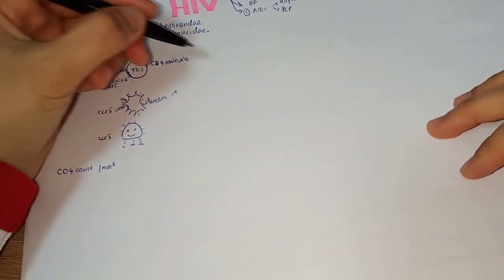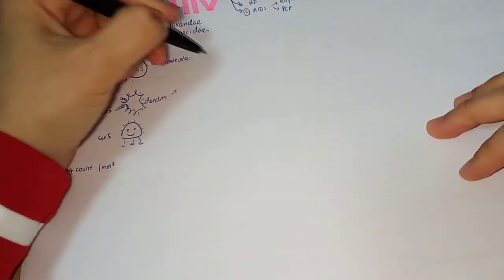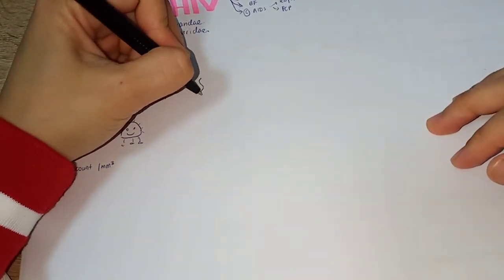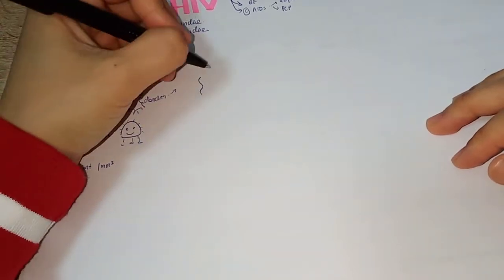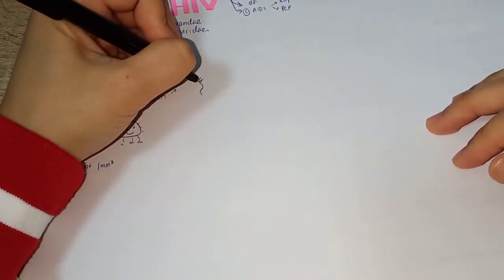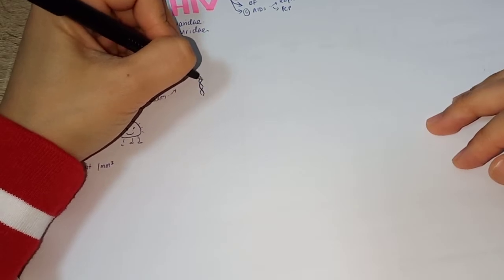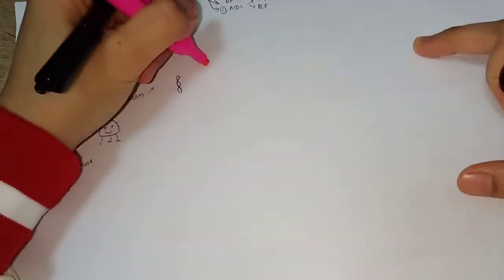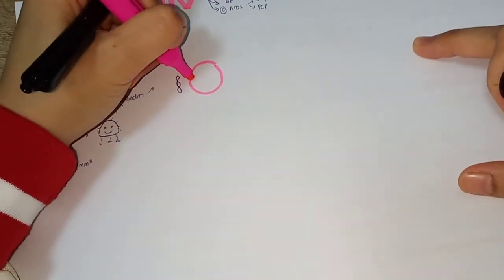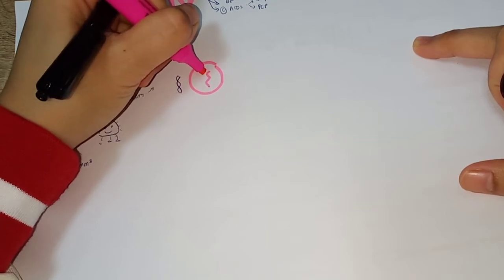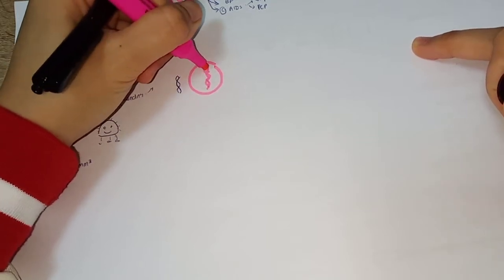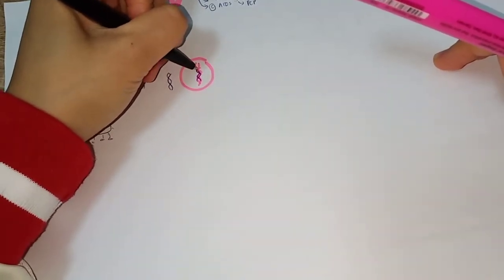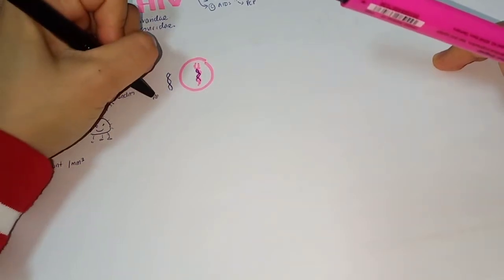Once it invades the cells through the co-receptor, the single-stranded RNA uses reverse transcriptase to form DNA. This DNA can invade the host cell and bind to the host DNA.